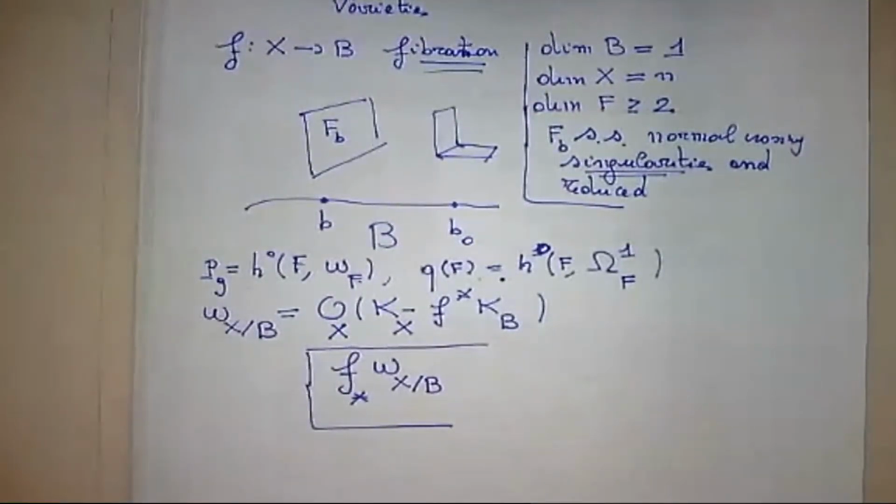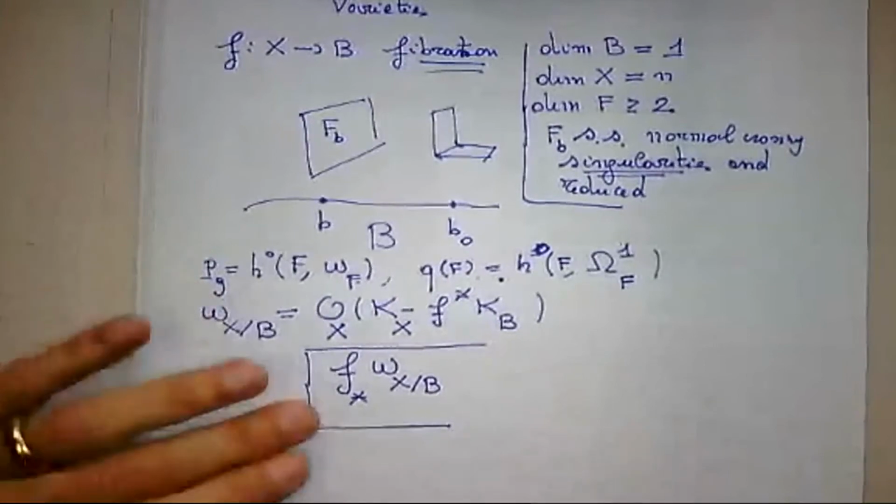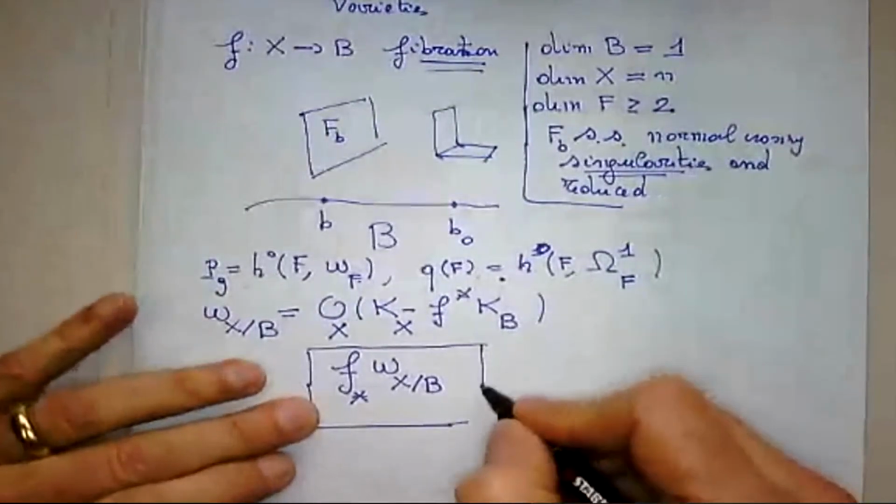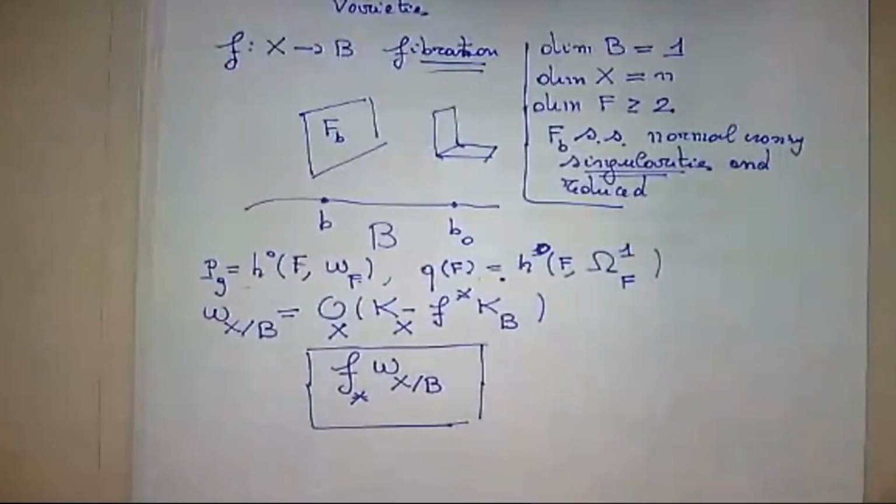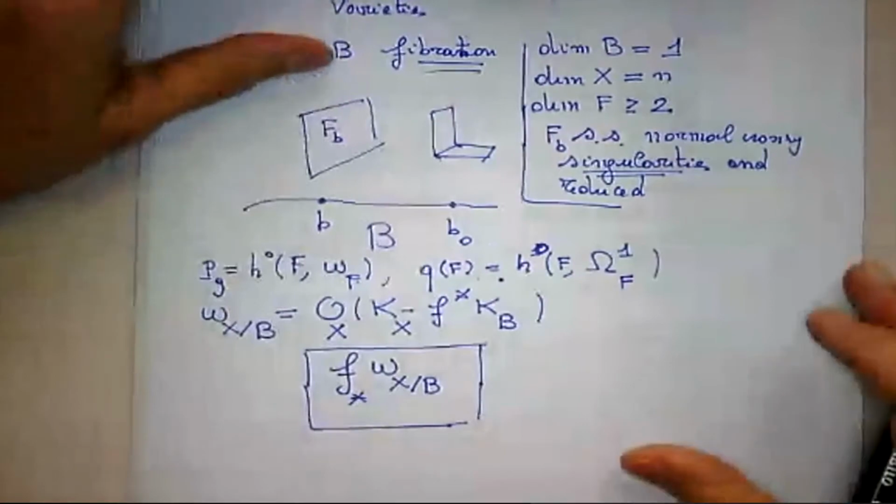First of all, why is this object important? Let me try to give a motivation. If I should say quickly why this is important, let me put it here, because I will send you the slides.